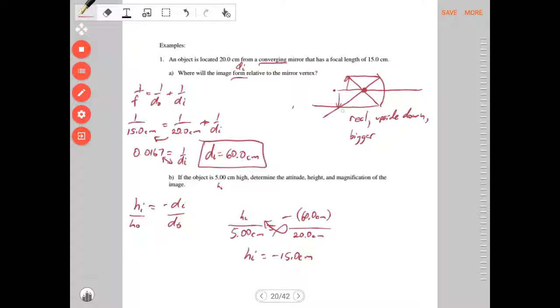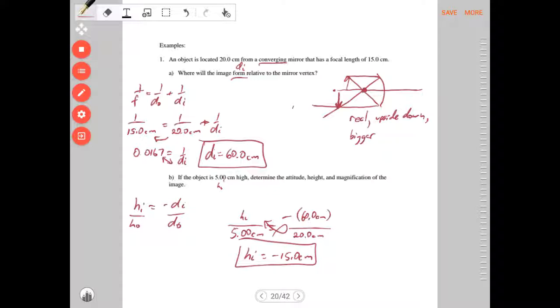That makes sense because it should be negative since we know it's upside down, but we also know it's bigger. The object is only 5 centimeters, while this one is 15 centimeters. The negative just denotes that it was flipped over.